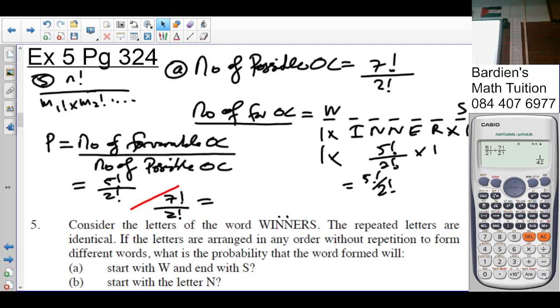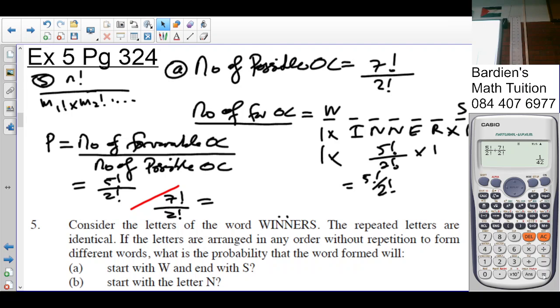And in the back, did they show you how to get that answer, 1 over 84? No, sir. Don't have the answer. Let's check again.